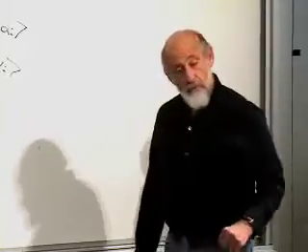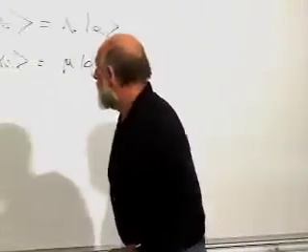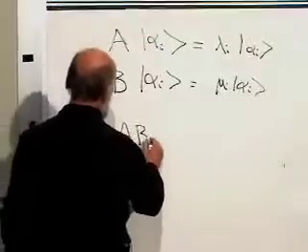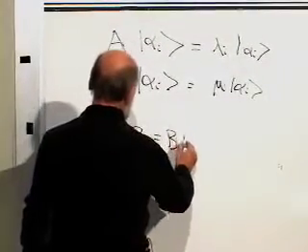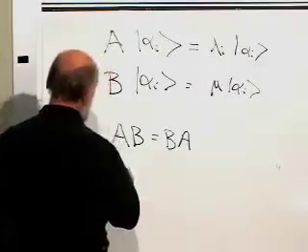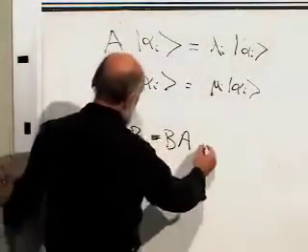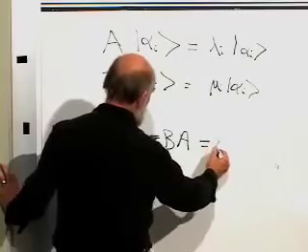And under those circumstances, there's a theorem that's a one-liner, as I said. It says that A times B is equal to B times A, or in mathematical terminology, AB minus BA is equal to 0.